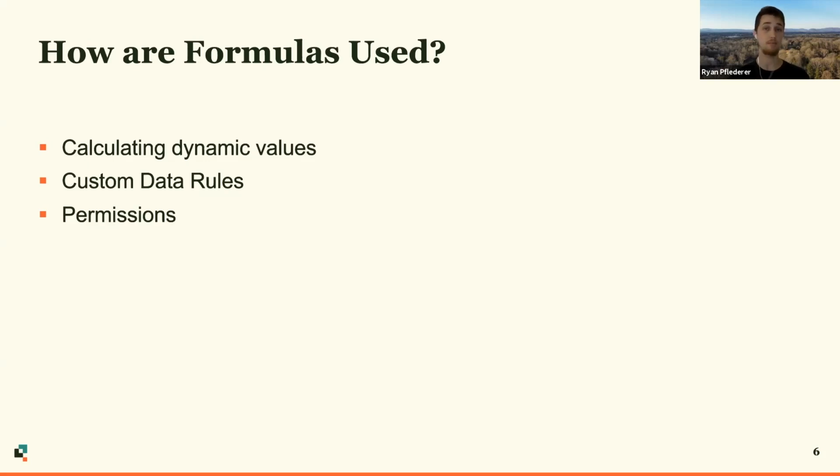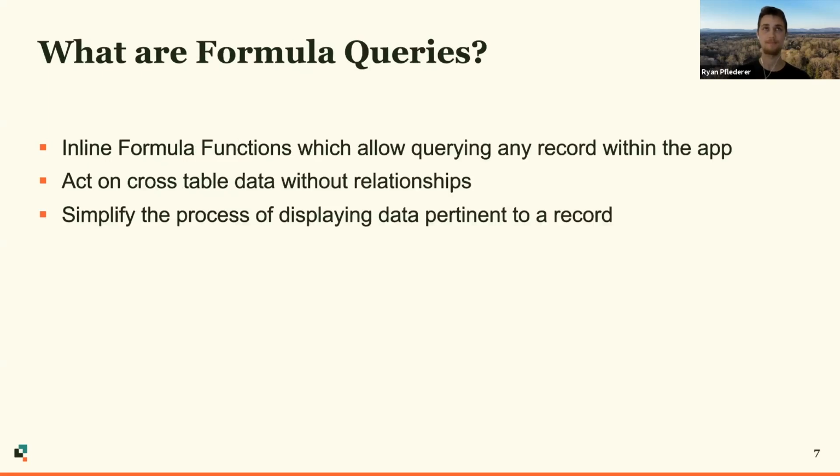And they can also be used in permissions. Oftentimes it is in the form of setting up a formula field and using that field as permissions. But again, there are a lot of different ways that formulas are currently being used. And with formula queries, everywhere that formulas are currently used, formula queries can be inserted as well. So super exciting, a lot of really powerful functionality that's going to be coming here.